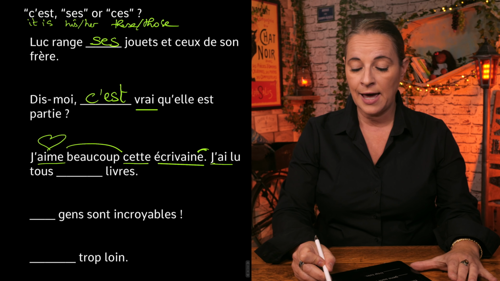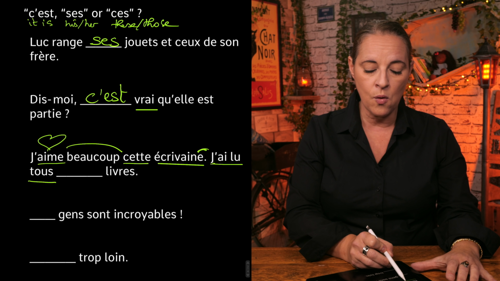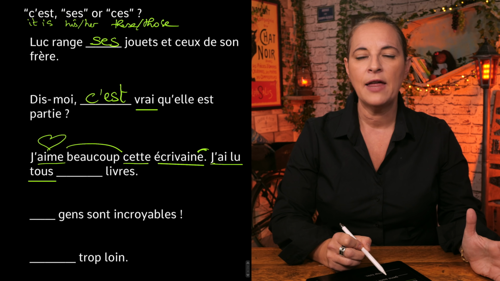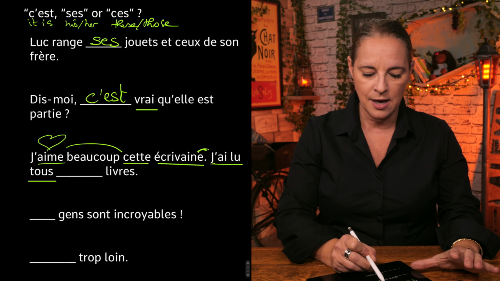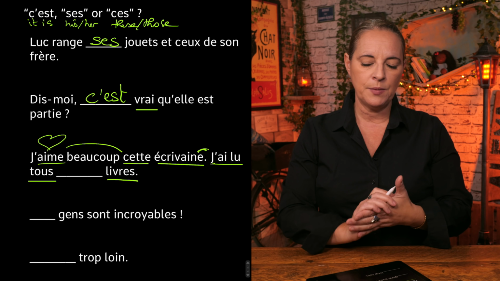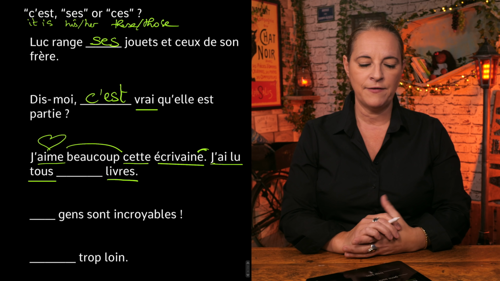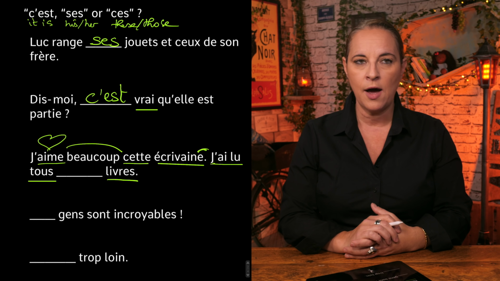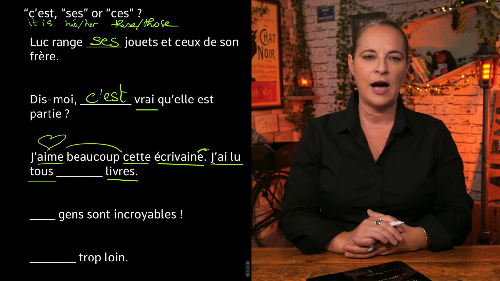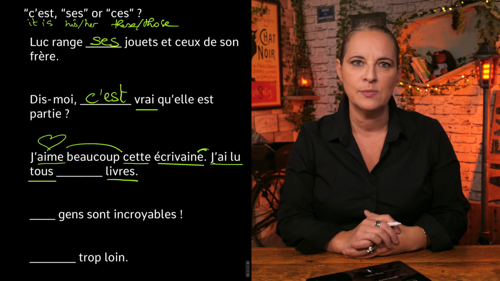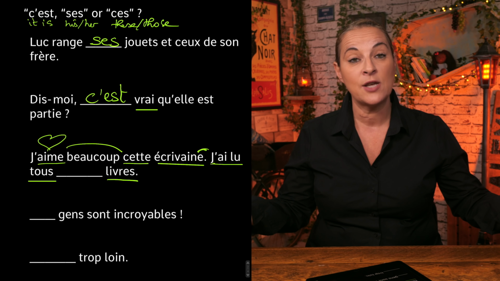J'ai lu, I have read all, and then books, okay? So, do we want to say I've read all her books? I have read all these books, or I have read all her books.